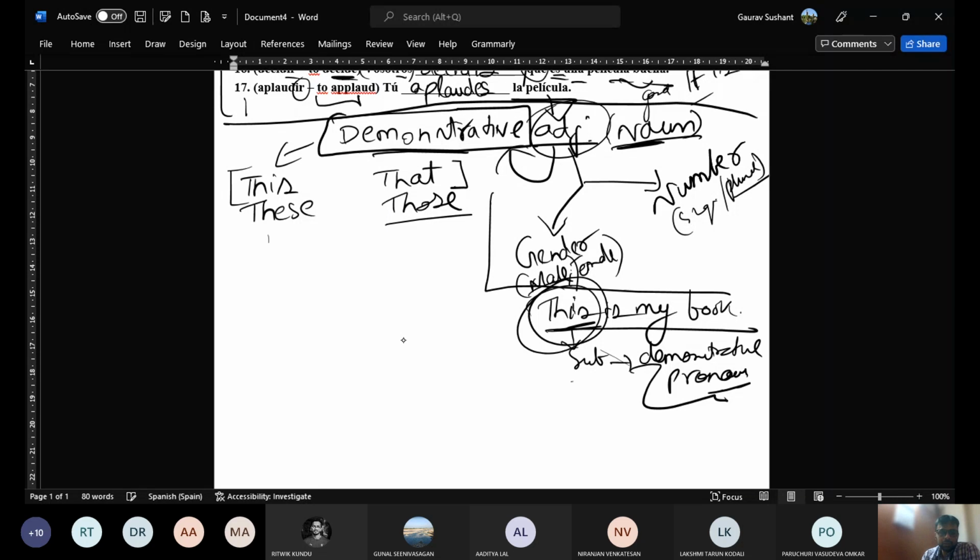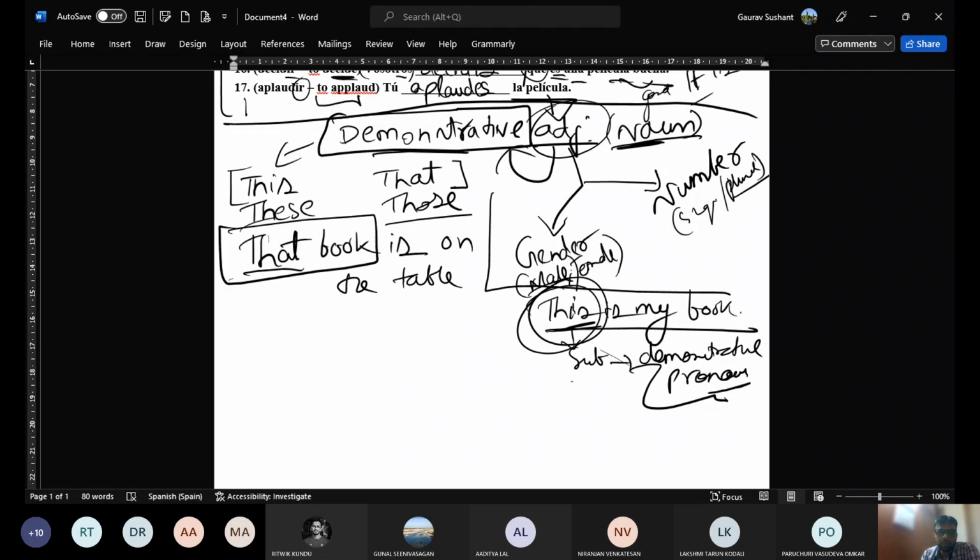When we talk of a demonstrative adjective, what will happen? The adjective will be coming here, and obviously with that there will be a noun. So that book is on the table. Here the subject is the noun, where the word that is a demonstrative adjective.